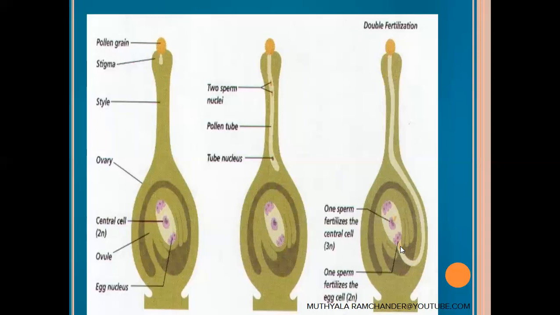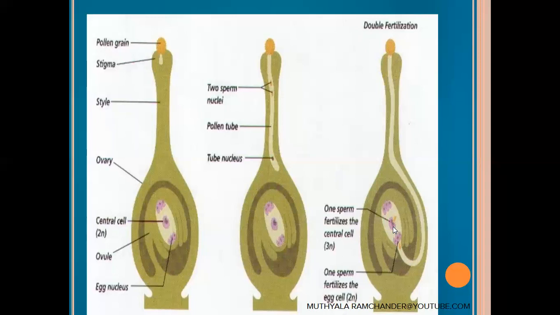And the second male gamete, or second sperm cell, is released into the embryo sac. It reaches the center region of the embryo sac and fuses with the secondary nucleus to form a triploid cell. The triploid cell is also called PEN, the primary endosperm nucleus.